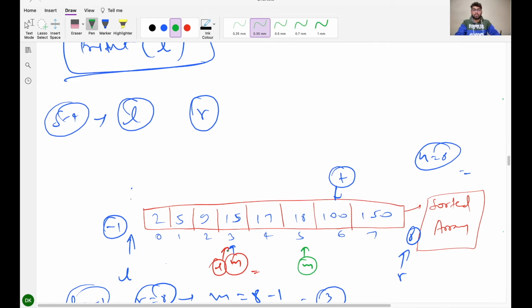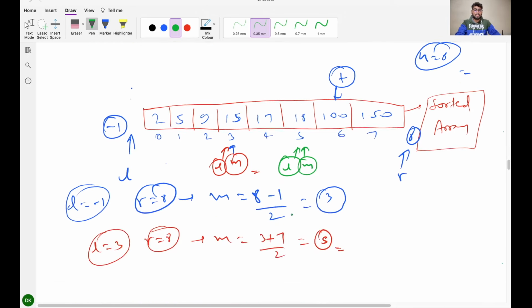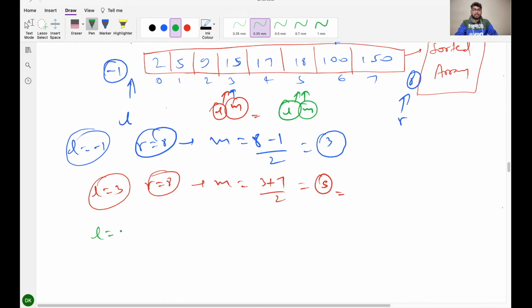I return true, and again I update my L and ignore the left part. Then again my L is 5, R is 8, and my M is (5 plus 8) divided by 2, that means 13 by 2, that means 6.